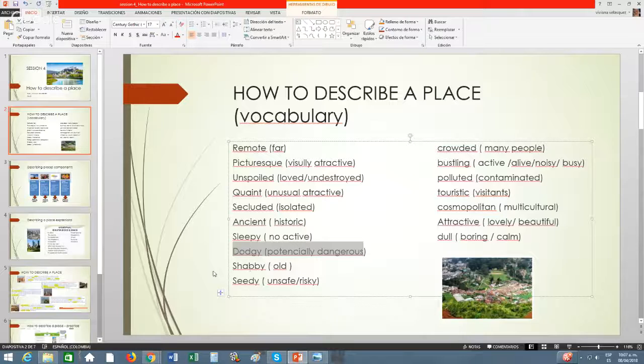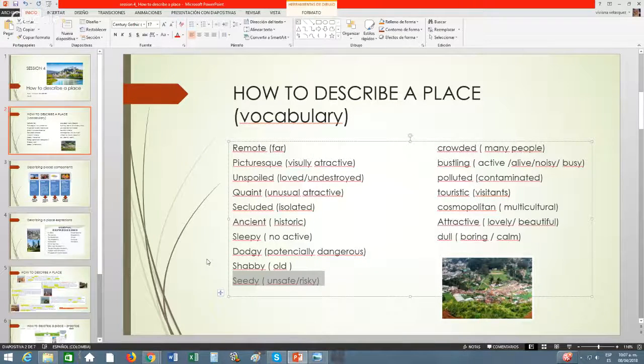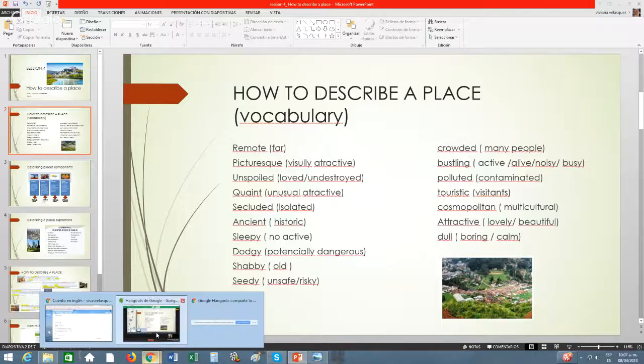They are negative aspects and they are always focused on dangerous sites. Seedy, in that case, is also related to places where you can find illegal activities, right? Like drugs, like prostitution, like those places. So when you mention seedy, it's because the person cannot go there by themselves, right? Or needs a little help because it is really dangerous.